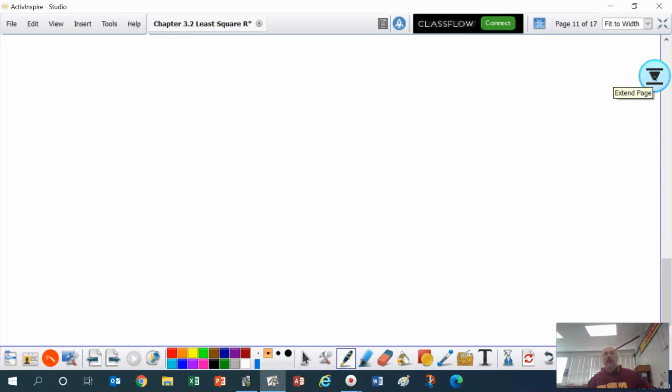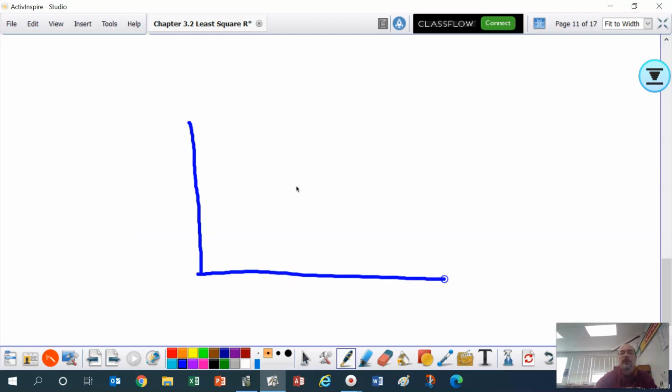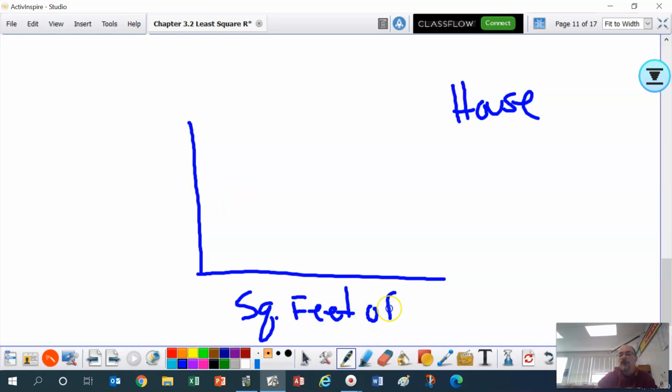Let's say, for example, so I'm not going to do the temperature one here. Let's say I've got a situation here, ladies and gentlemen, where we're selling a house. A lot of the price is based on the square feet of the house, right? How big the house is. Then I'll put price on the side.